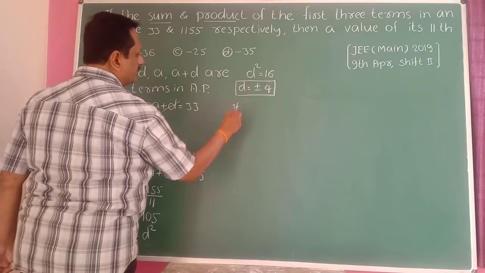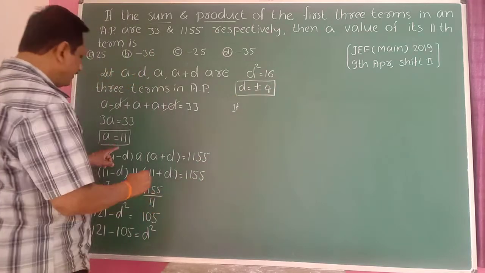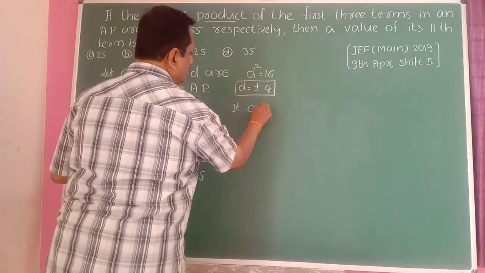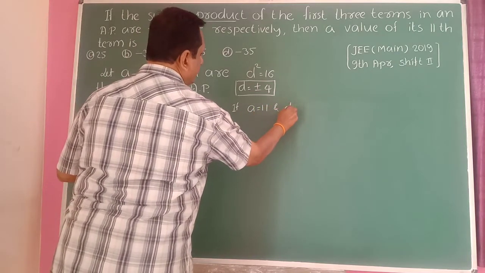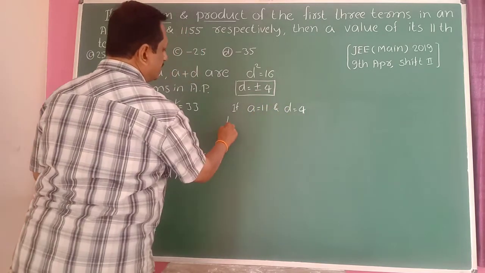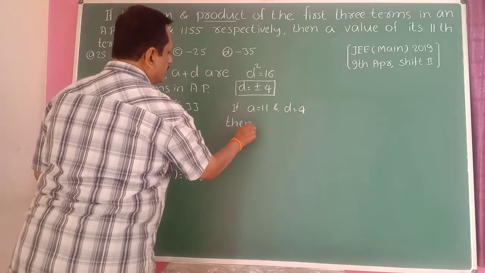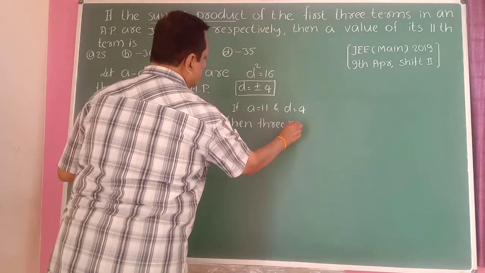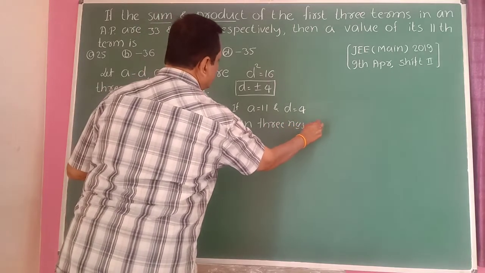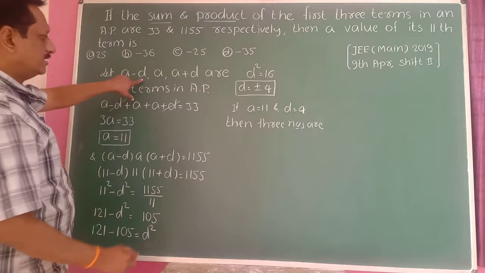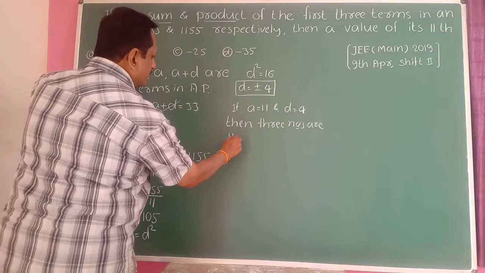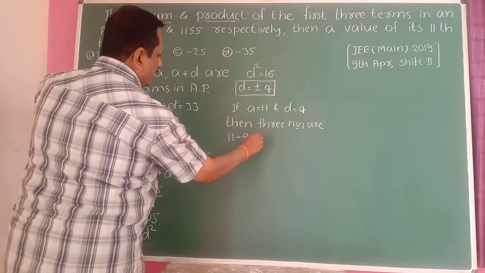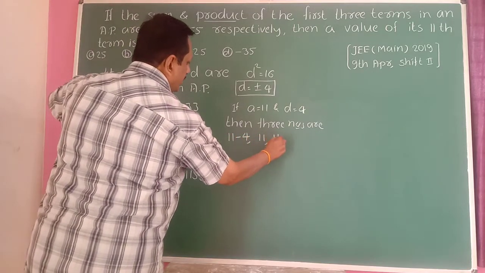So if a is equal to 11 and d is equal to 4, then the three numbers are 11 minus 4, 11, and 11 plus 4.